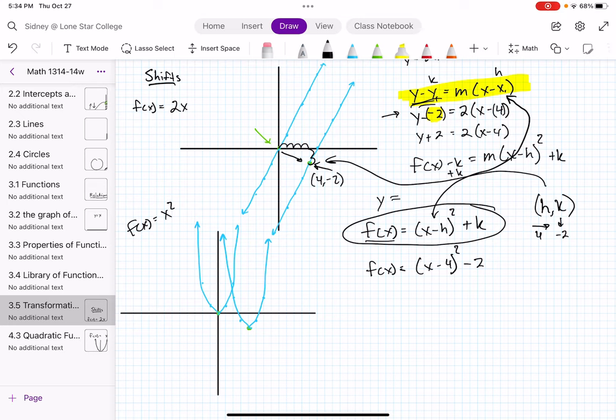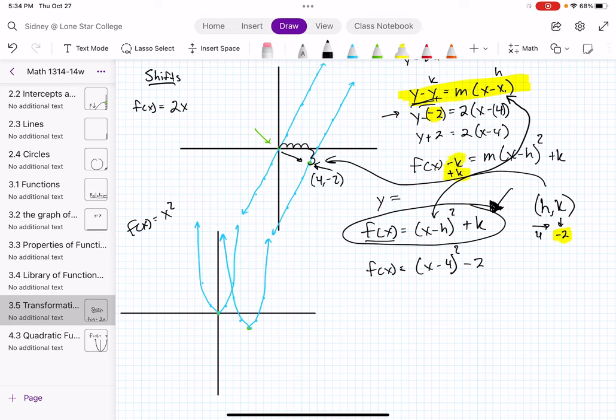But the k, the change in y value, the vertical shift, will always be true to form. -2 does in fact mean 2 down. If it had been +2, it would be 2 up. But there's a reason that the horizontal shift is minus h, and the vertical shift is actually plus k, and that's because it had originally been located over on this side.